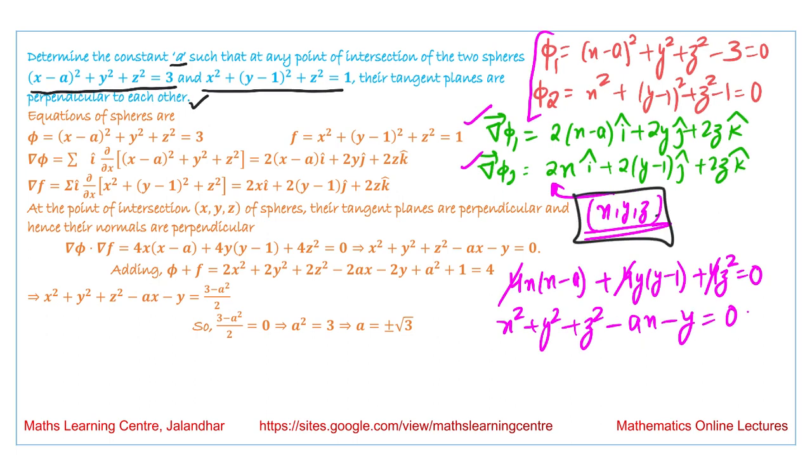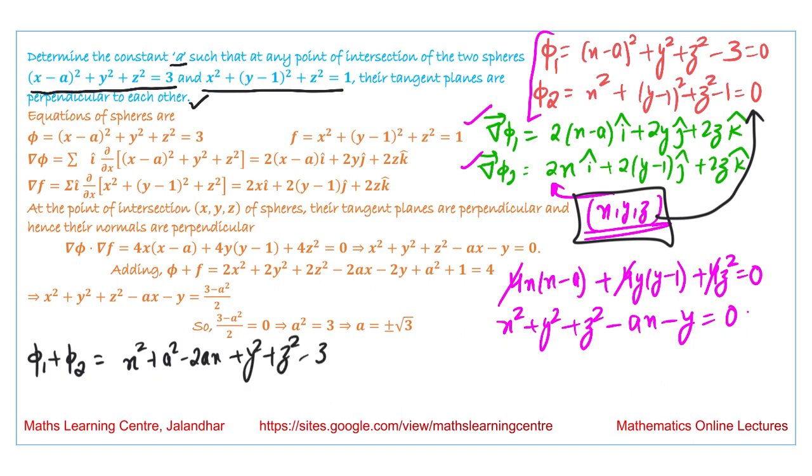Now clearly this point x, y, z lies on both these surfaces. So if we calculate the value of phi 1 plus phi 2, we obtain, if you solve this, x square plus a square minus 2ax plus y square plus z square minus 3, then x square plus y square plus 1 minus 2y plus z square minus 1 is equal to 0.